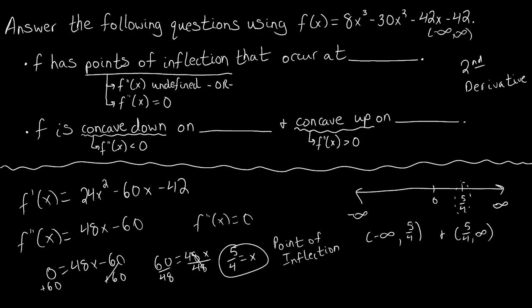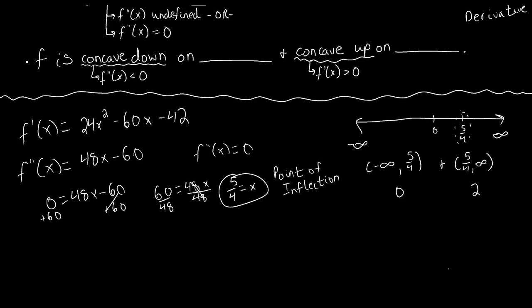We're again going to use the same process of testing a value inside of this interval and this interval to see what the sign of our second derivative is, and then that'll tell us whether f is concave up or concave down. So inside of negative infinity to 5/4, let's pick 0. And inside of 5/4 to infinity, let's do something like 2. Just something simple that fits in that interval, nothing too hard in terms of plugging in the number and evaluating the value.